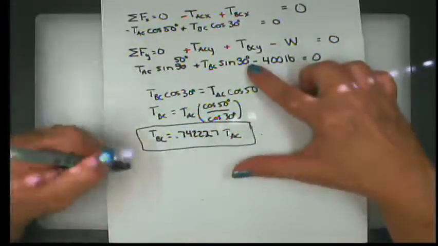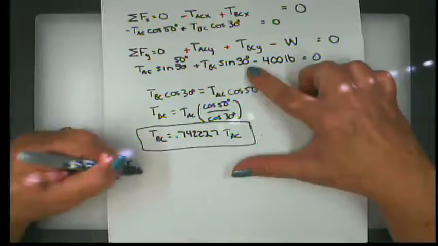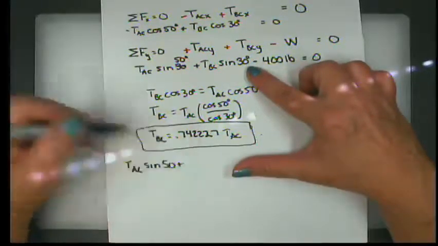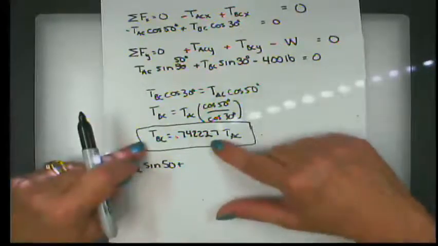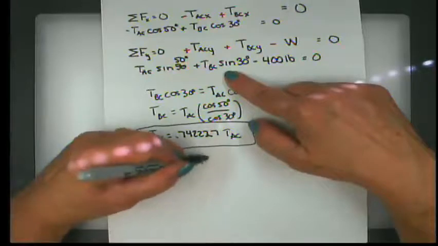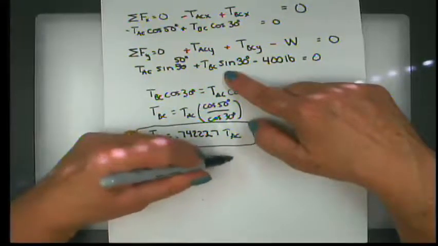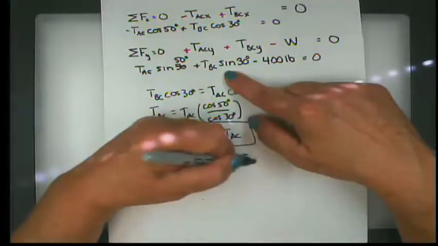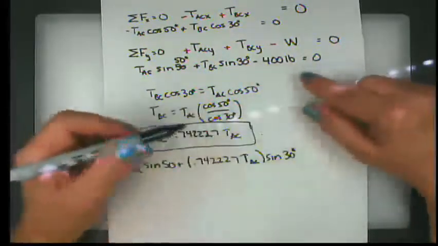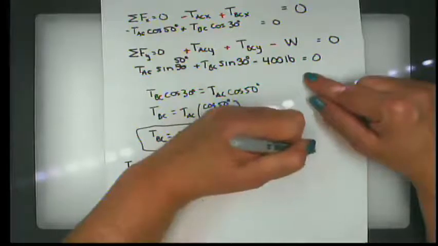Okay, so I have TAC, I'm using this equation, times the sine of 50 degrees plus TBC, but I'm not going to call it TBC anymore, I'm going to call it 0.74227 times TAC times the sine of 30 degrees minus 400 pounds equals 0.